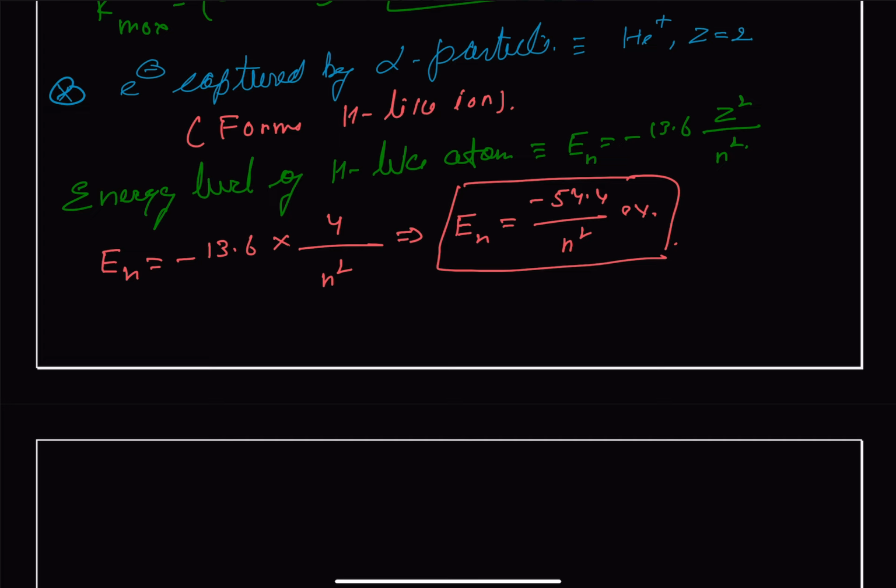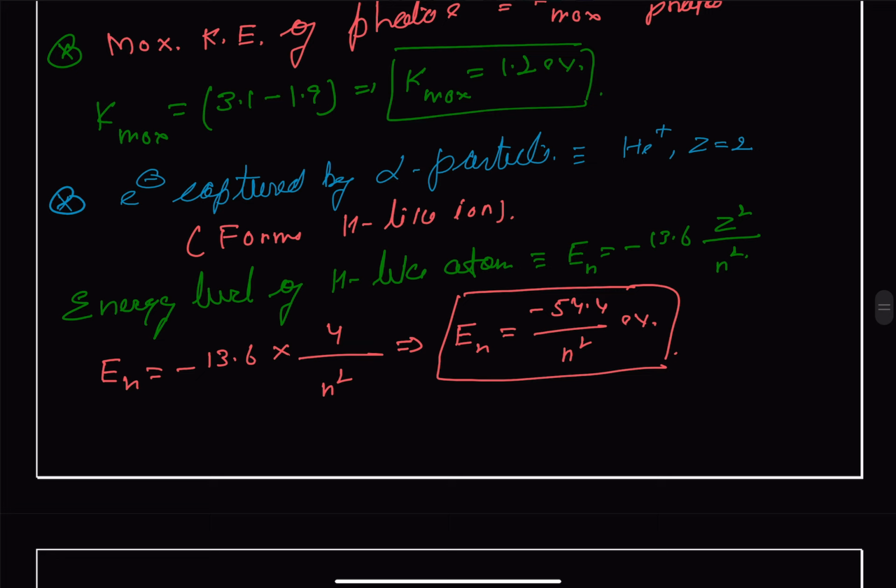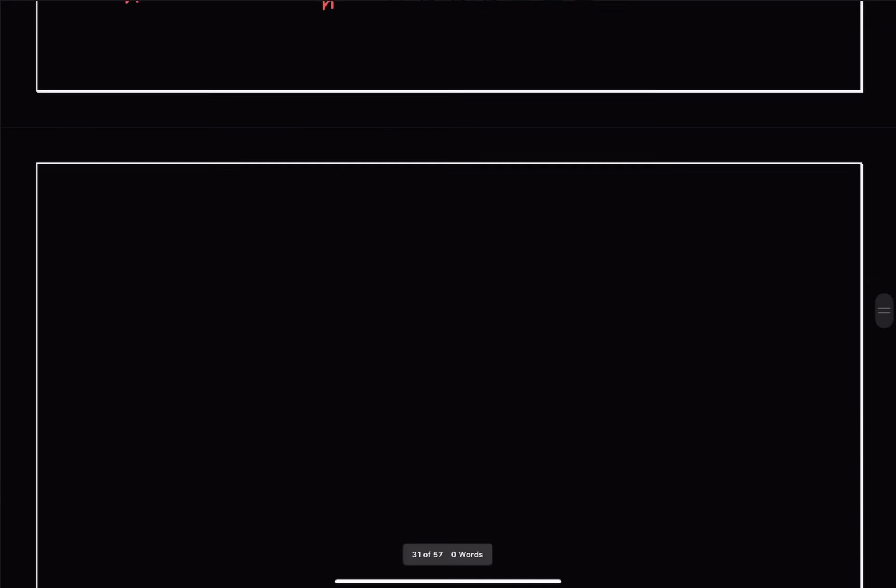And the kinetic energy that is associated with the electron is 1.2 electron volt. So it means the final bound energy must be at least minus 1.2 electron volt. So we can say that the electron starts with kinetic energy that is 1.2 electron volt.